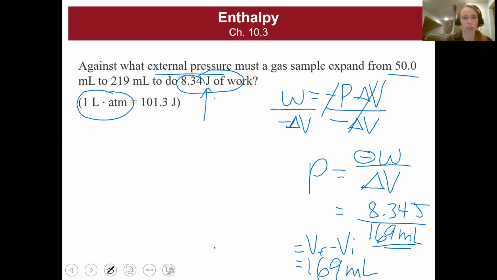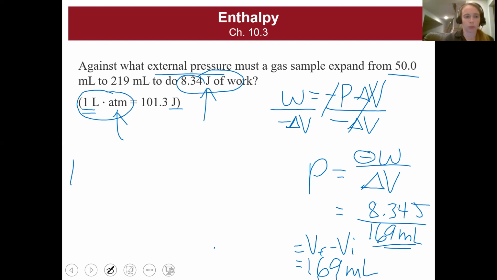So our work, which is a type of energy, is in joules. If we have this in joules and we want to get our volume into liters, then that will give us a pressure in atmospheres. Cool.